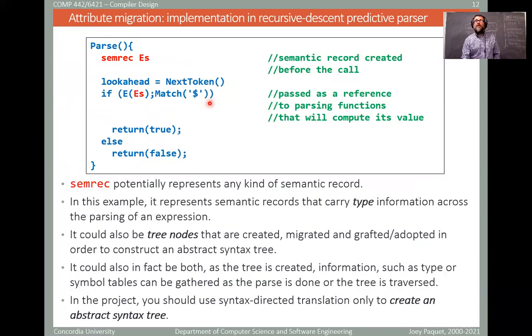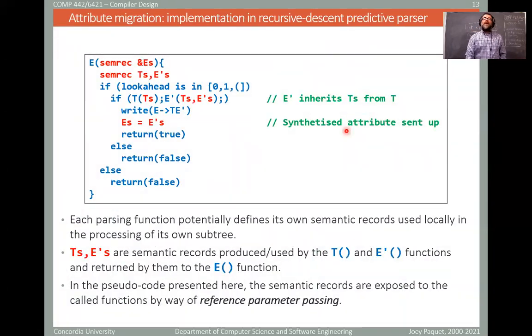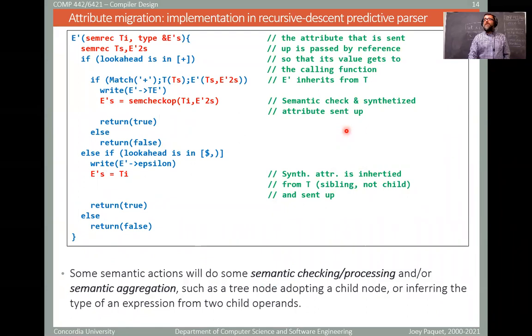So if we go here, plus here, the E prime actually receives this parameter here, this inherited attribute from the T, which is the type of the left operand, and then needs to check if the type of this left operand, which is its TI, is the same type as the type of this one here, which actually gets to it from here, which is the synthesized attribute from the E prime here. Okay, so that's about it for that.